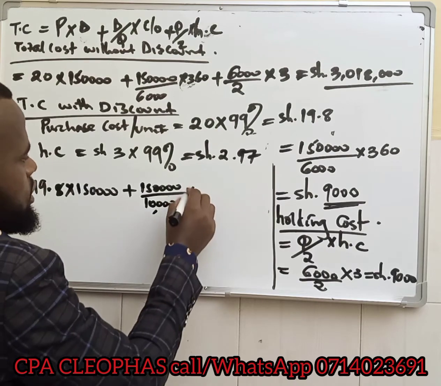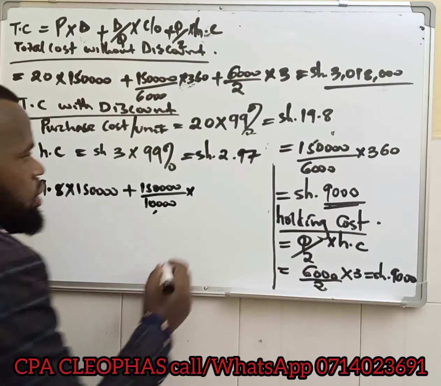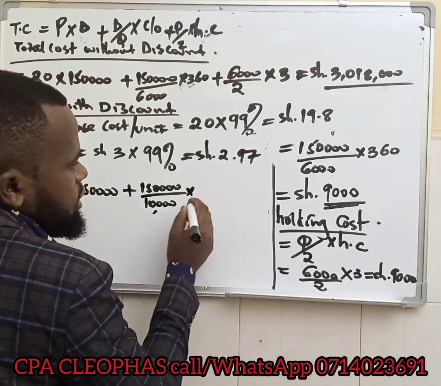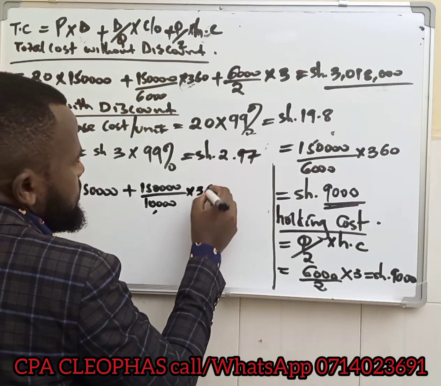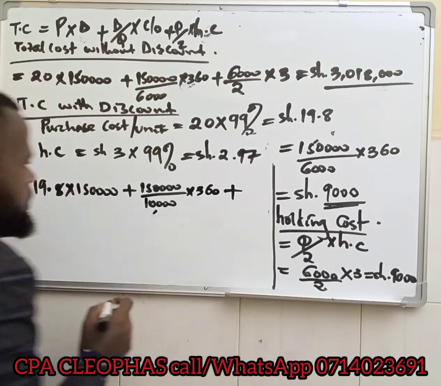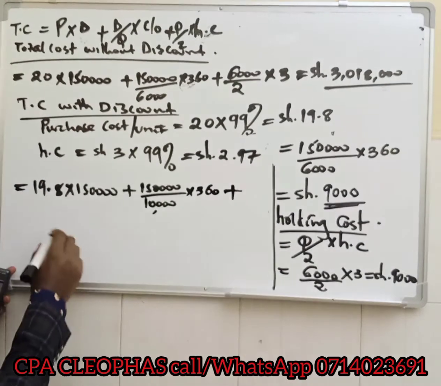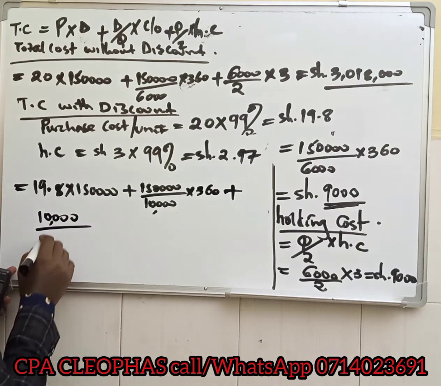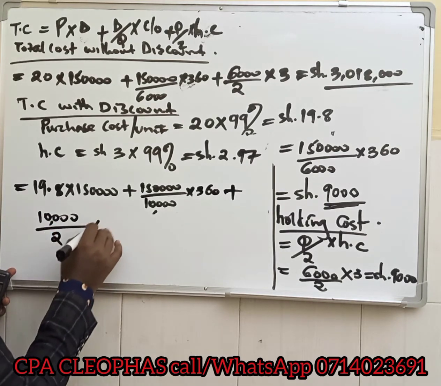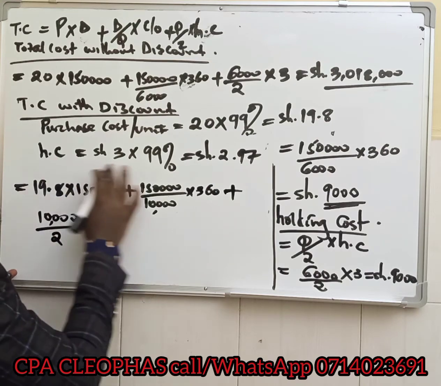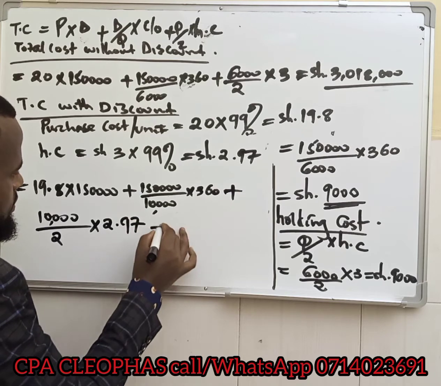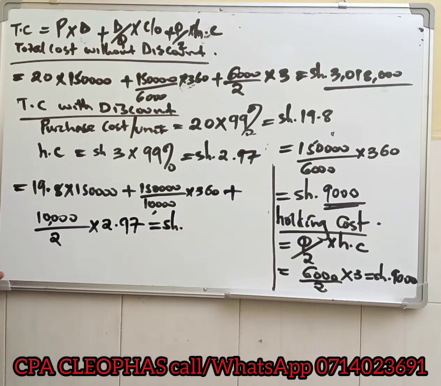The ordering cost is not affected, it remains 360 as previously. Plus, Q is now not 6,000 but 10,000, over 2 times the holding cost, which is 2.97. So you get your new cost there.